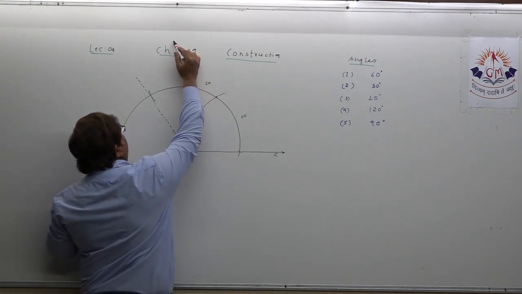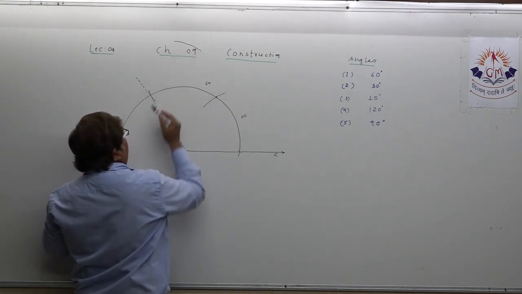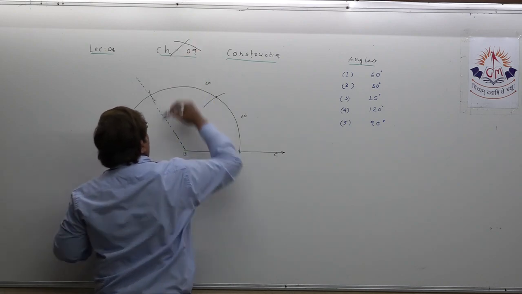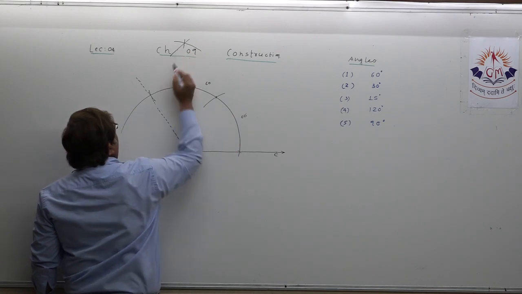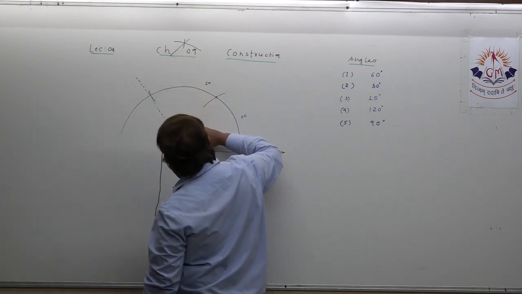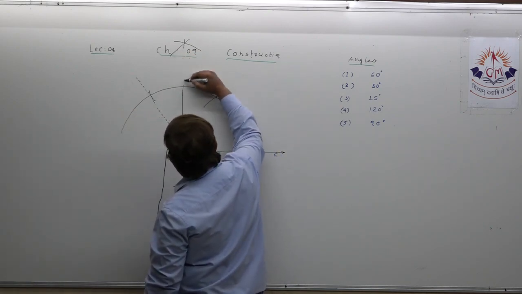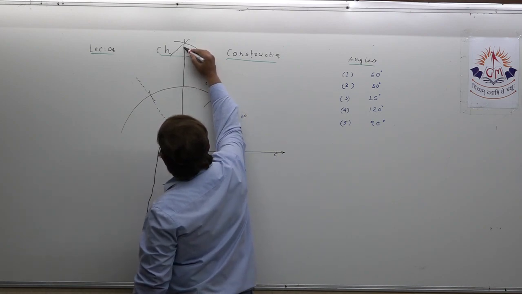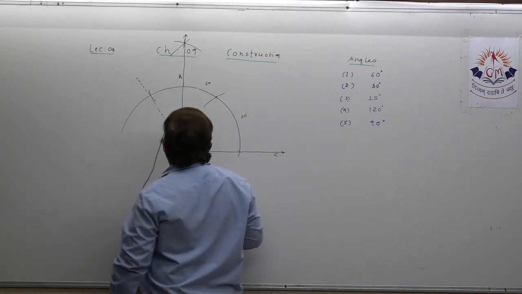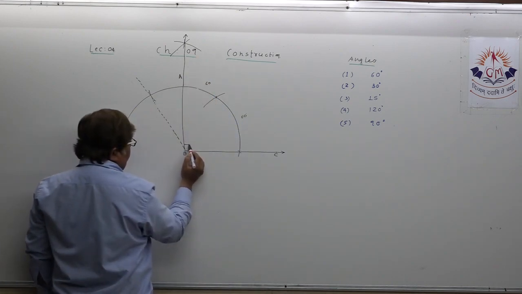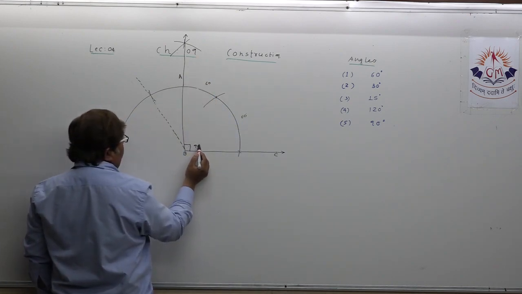Suppose I draw one arc, suppose here. Another one here. Both have intersected. Now you just draw a line passing through that. Okay, and say it A. This is an angle of 90 degree.